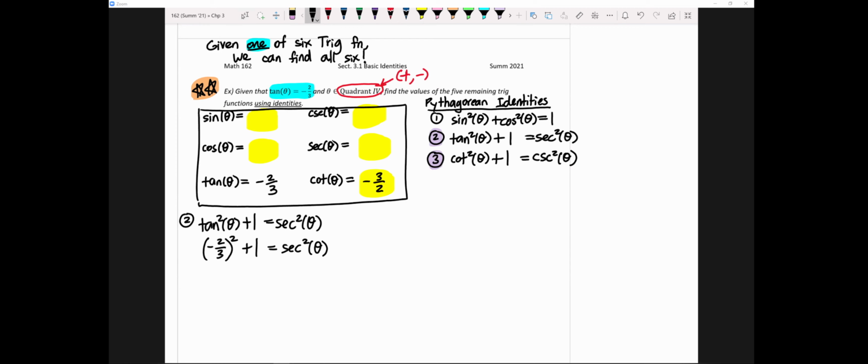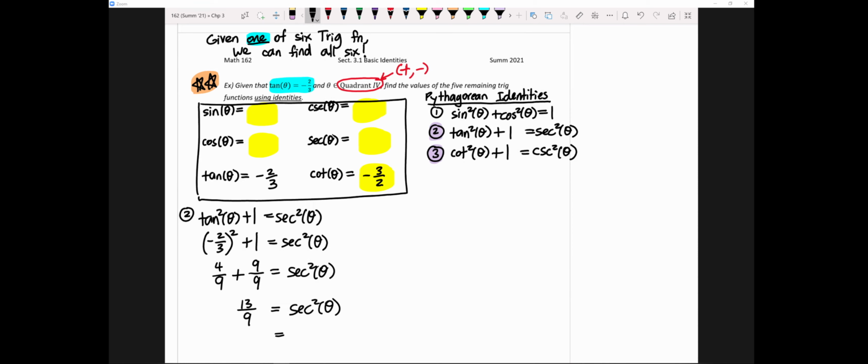We should say it that way. Okay, so let's go ahead and solve for secant of theta. Negative 2/3 squared, that's 4/9. Let's get a common denominator. So 1 can be rewritten as 9/9. Secant of theta quantity squared is 13/9.